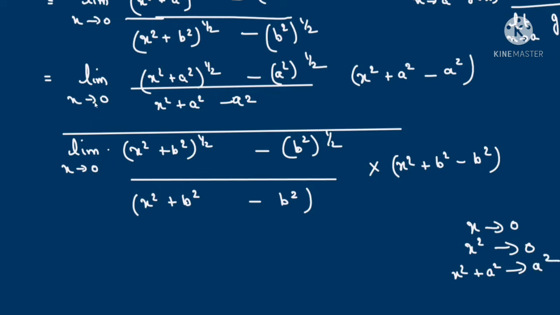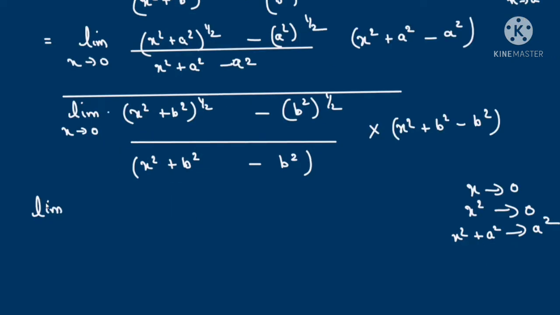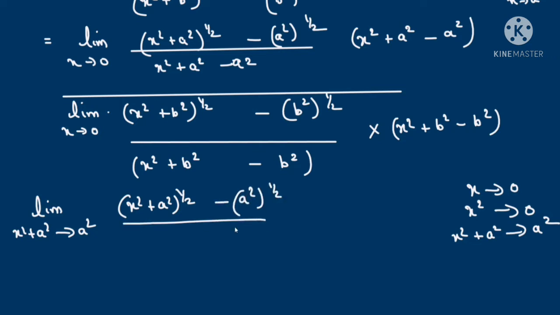So we can write this as limit x square plus a square tends to a square, and the numerator is x square plus a square the whole power half minus a square the whole power half divided by x square plus a square minus a square, and here you have x square plus a square minus a square.